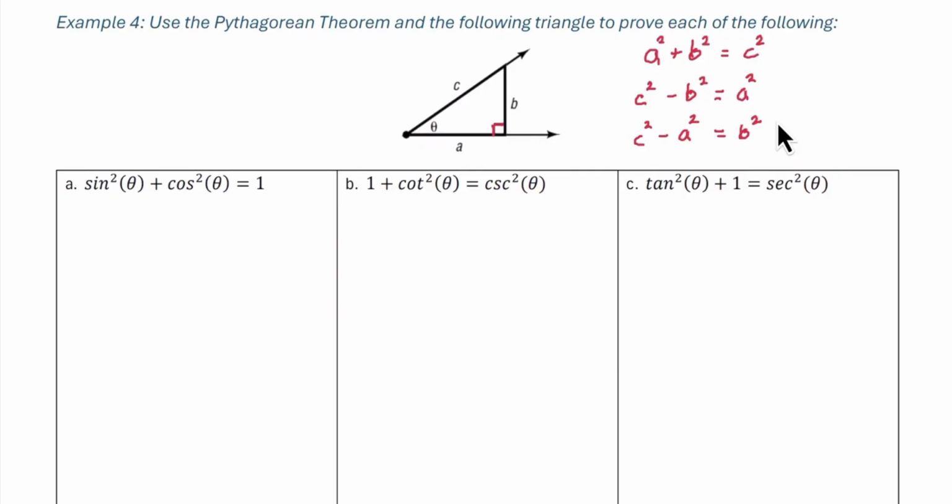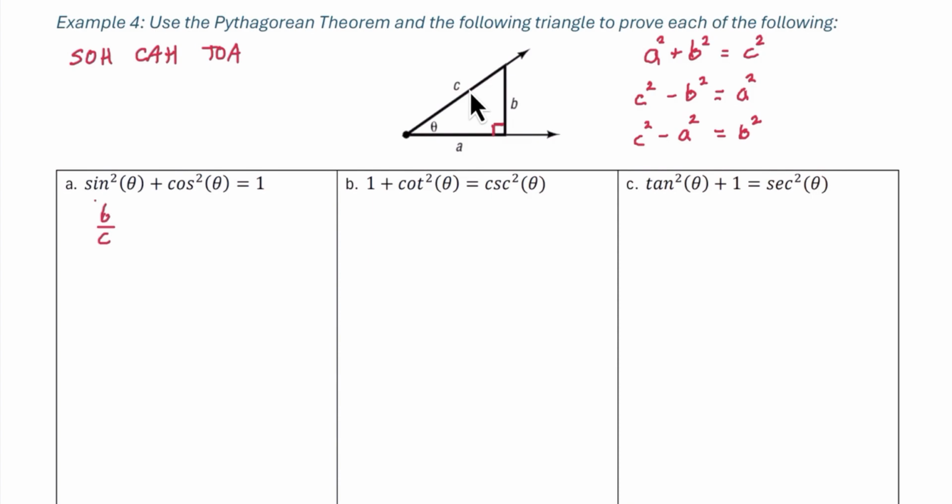Recall from earlier, we used the mnemonic SOH CAH TOA to help us recall the 6 main trig functions. Sine squared theta. Sine, recall, is opposite over hypotenuse. So if we're focusing on this theta, we have b over c.